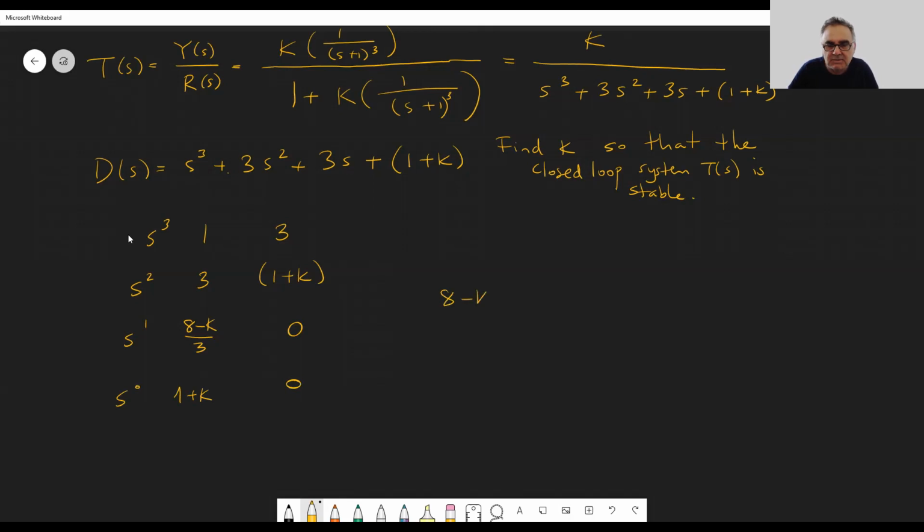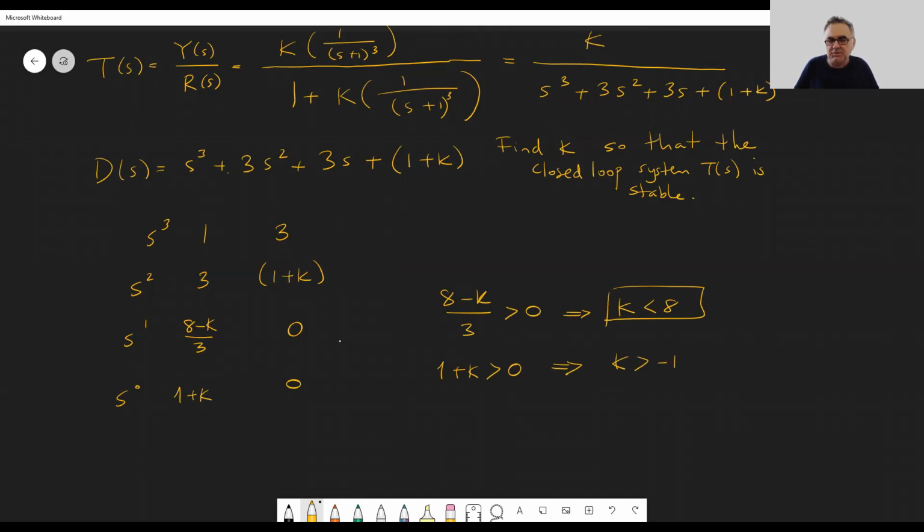So 8 minus k divided by 3 must be greater than 0, which means that k must be less than 8. That's one condition. And 1 plus k must be greater than 0, which means that k must be greater than -1.